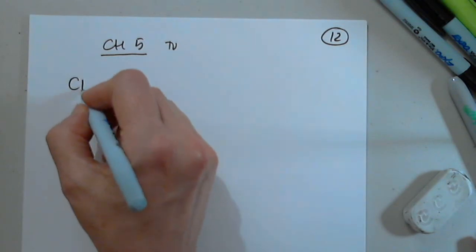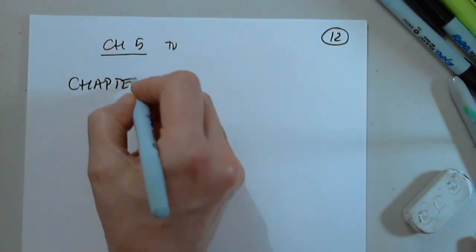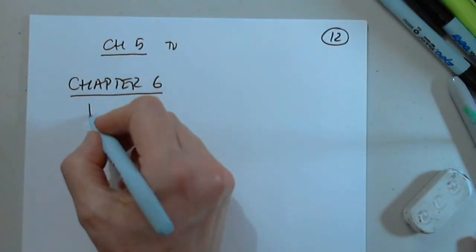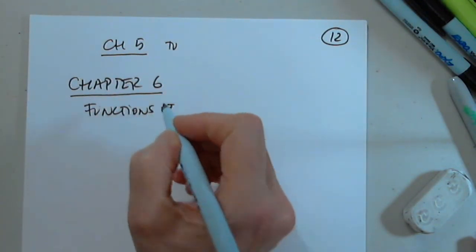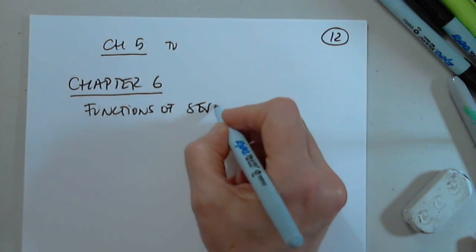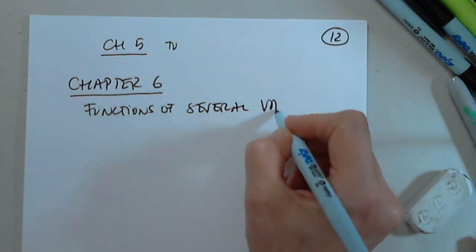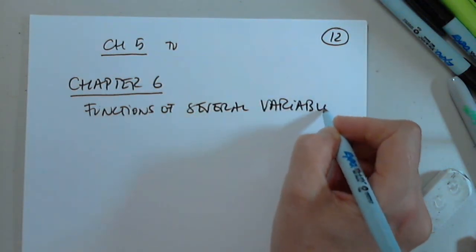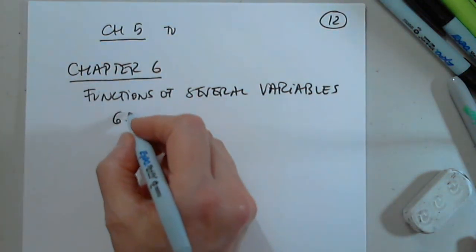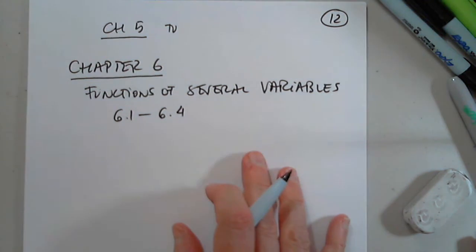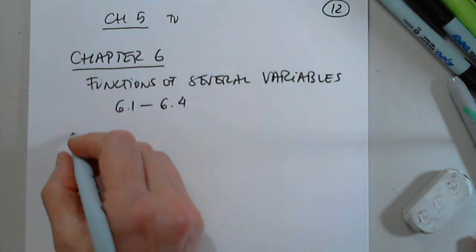Okay, last chapter. Chapter 6, functions of several variables. This chapter has 4 sections, 6.1 through 6.4. I'm going to start with the simplest of all, 6.4.